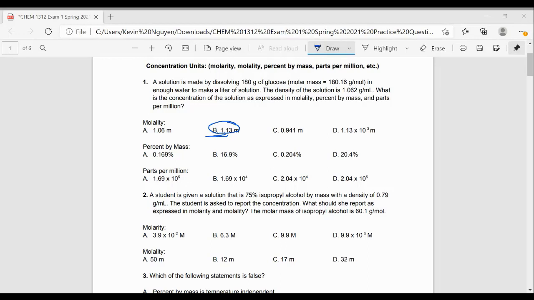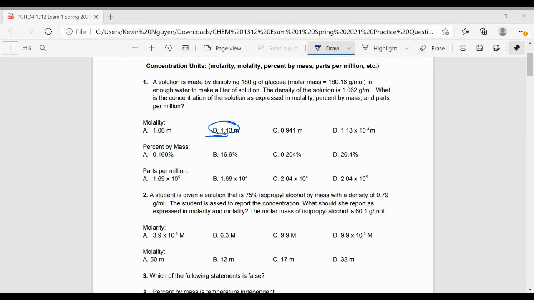We're going to use the density to convert from our mass to our volume. If we have 100 grams of our solution and our density was 0.79 grams per milliliter, you want to divide by 0.79.